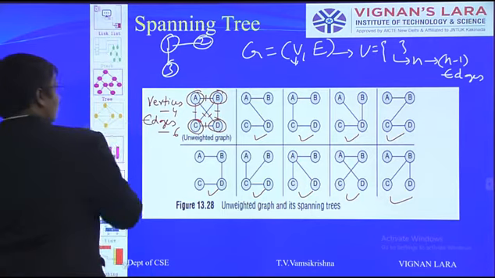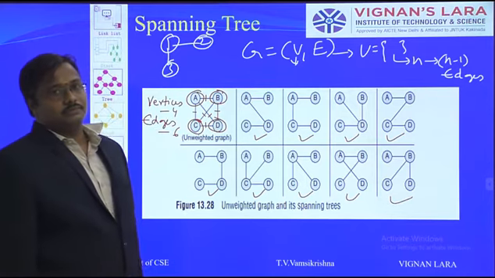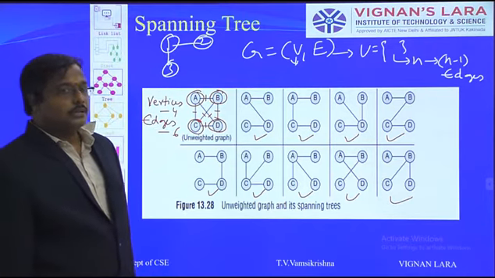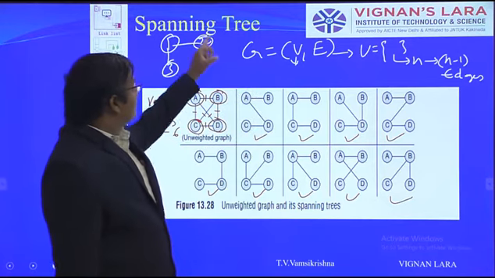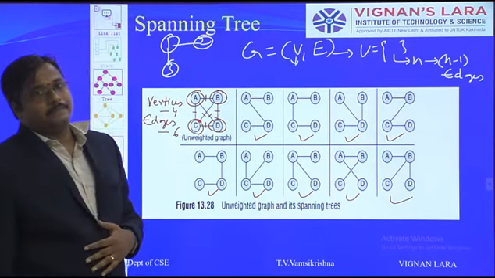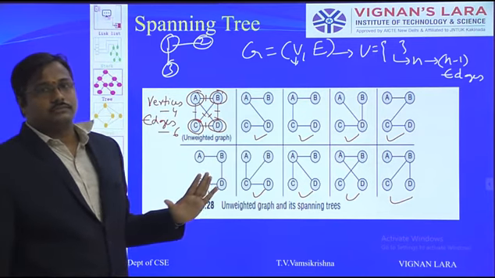A very simple formula can also be designed for this using the property. All the vertices connected with minimum edges is nothing but a spanning tree. So here we have made only edge selection.